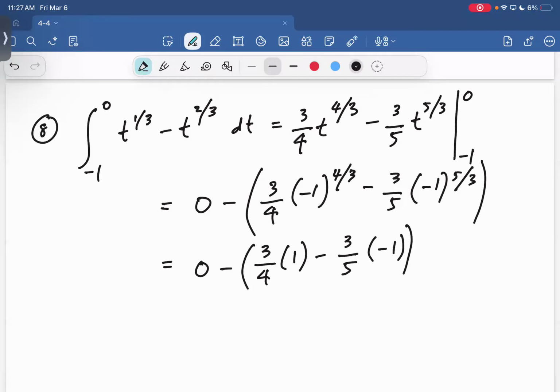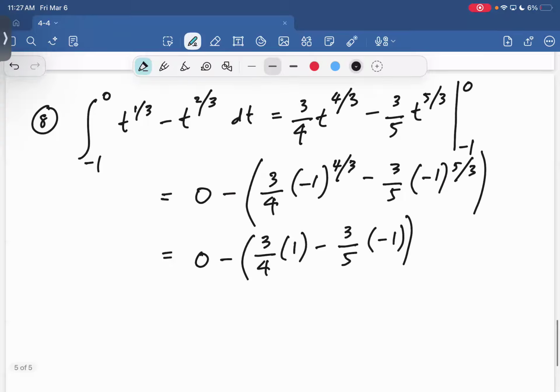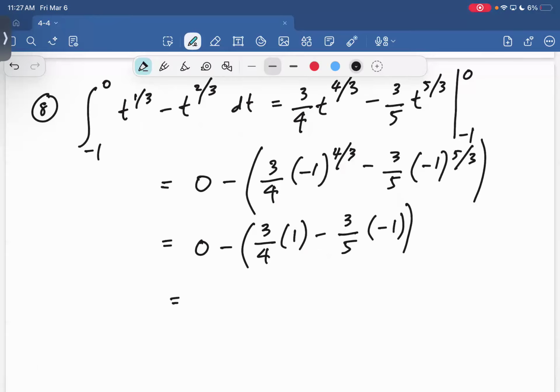So whenever you have an odd number in the numerator, after it's totally simplified, it'll be negative. Okay, so the answer is -27/20. Okay, I'll stop there.